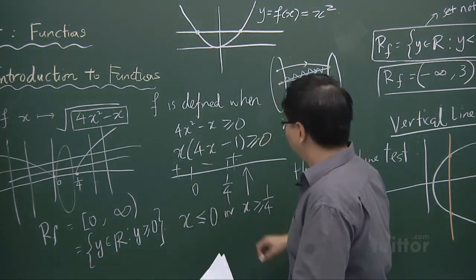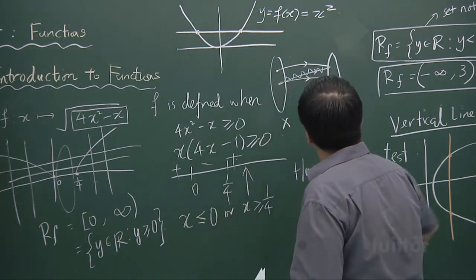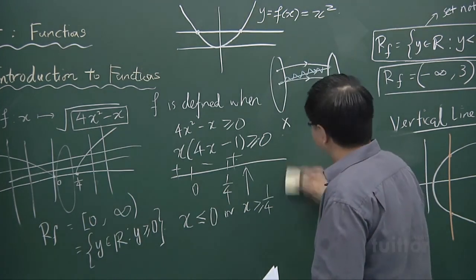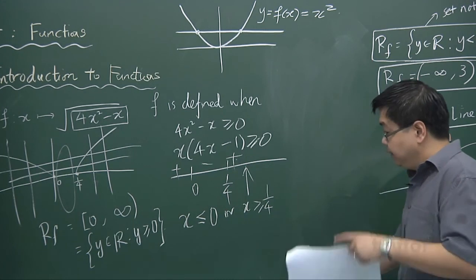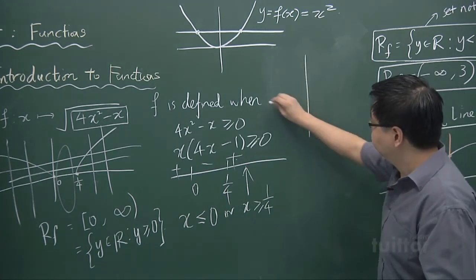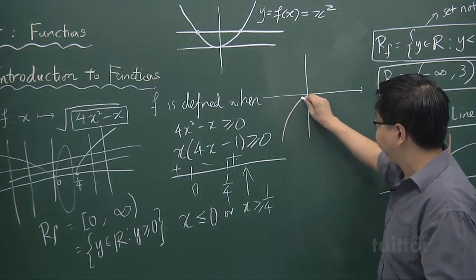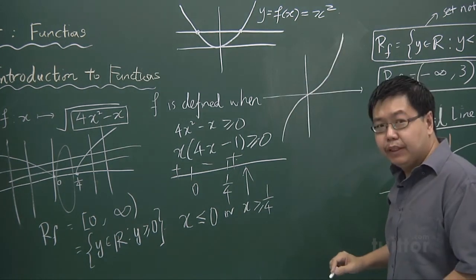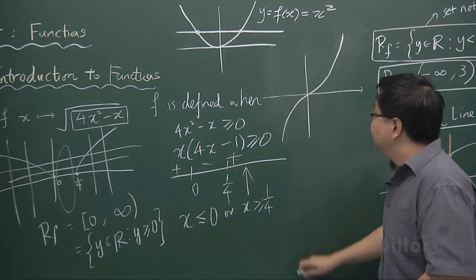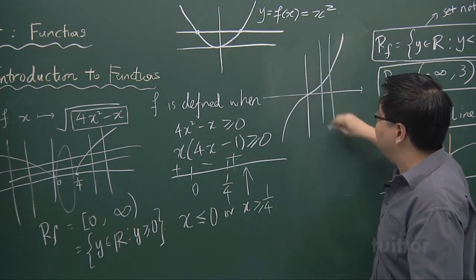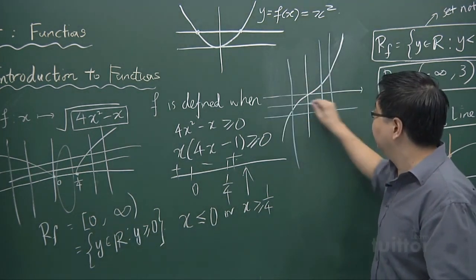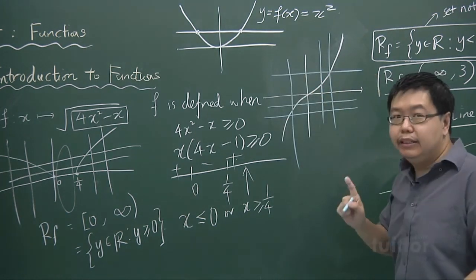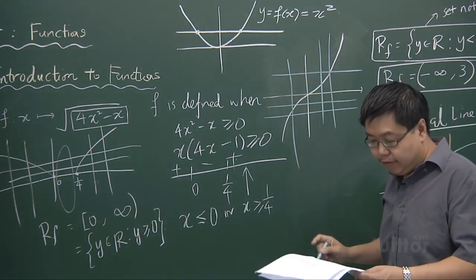An example of a one-to-one function could be the famous y equals x cubed graph. For the y equals x cubed graph, you notice that every vertical line cuts at most 1 point, so it's a function. Every horizontal line cuts at 1 point also, and therefore it is a one-to-one function.